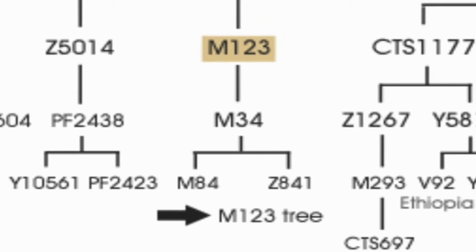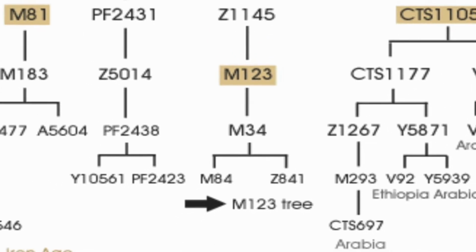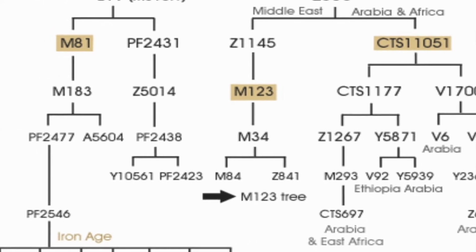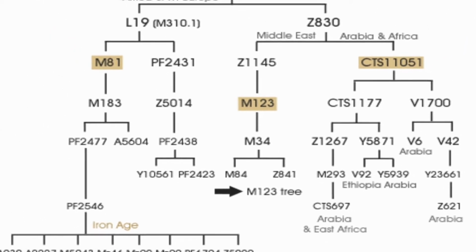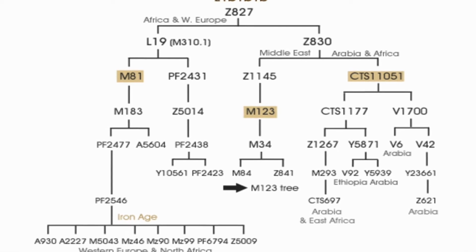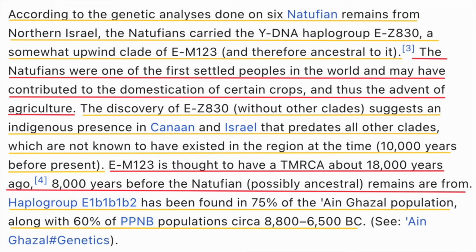E-M84 is a downstream of E-M34 to E-M123 and to E-Z830, which the Natufians carried. According to the genetic analysis done on 6 Natufian remains from northern Israel, the Natufians carried the Y DNA haplogroup E-Z830, a somewhat upwind clade of E-M123, and therefore ancestral to it.